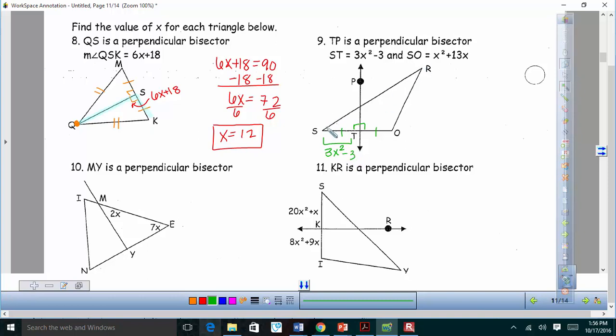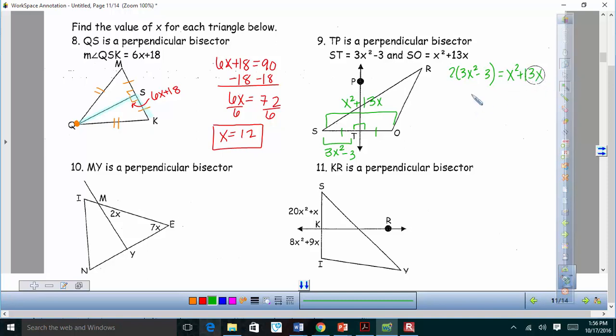And then it tells me SO, this entire length, is x squared plus 13x. So if I have a whole length and part of a length, what formula am I going to need to use? 2 times part equals whole. So we're going to do 2 times 3x squared minus 3 equals x squared plus 13x.